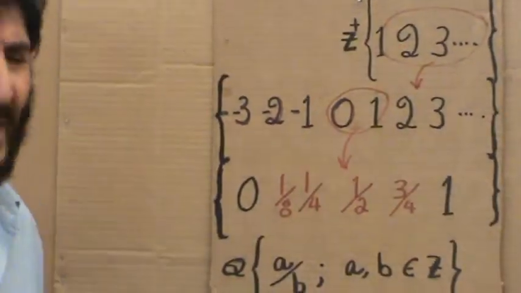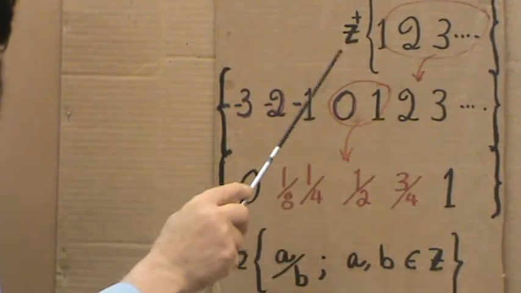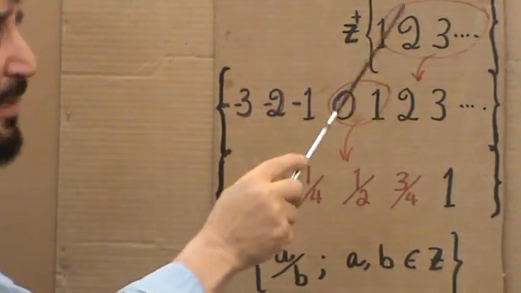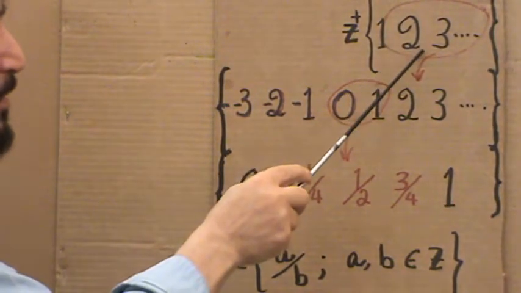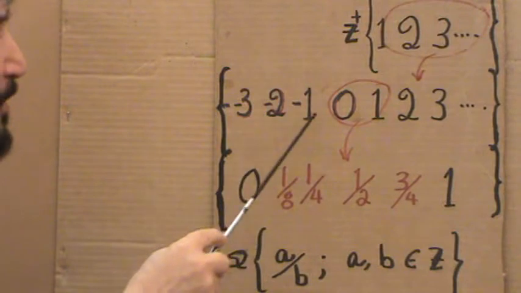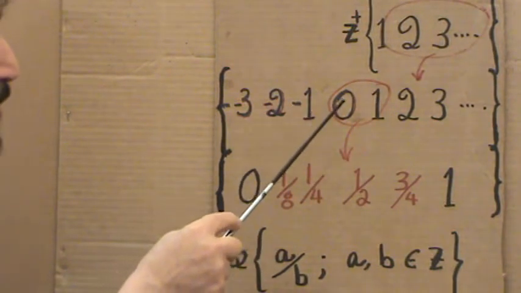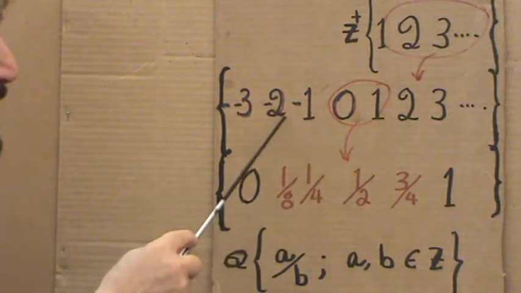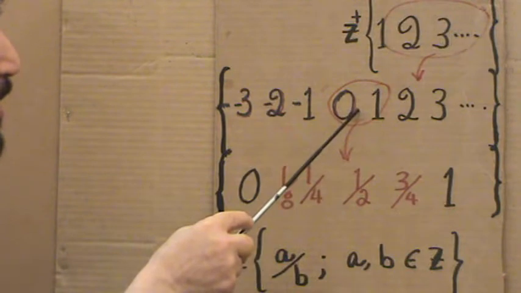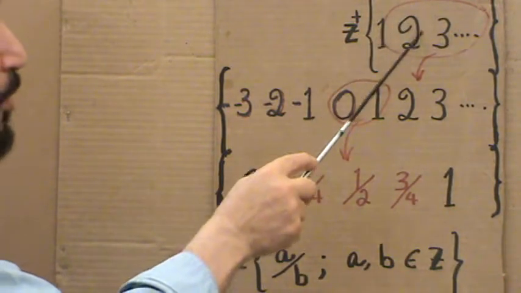Now, we are all familiar with the set of counting numbers, positive integers, 1, 2, 3, 4, 5, and so on and so forth. Now, this set of positive integers and the set of non-positive integers, which means negative integers including 0, these two sets together make the set of integers, which looks like it's twice as large as the set of positive integers.